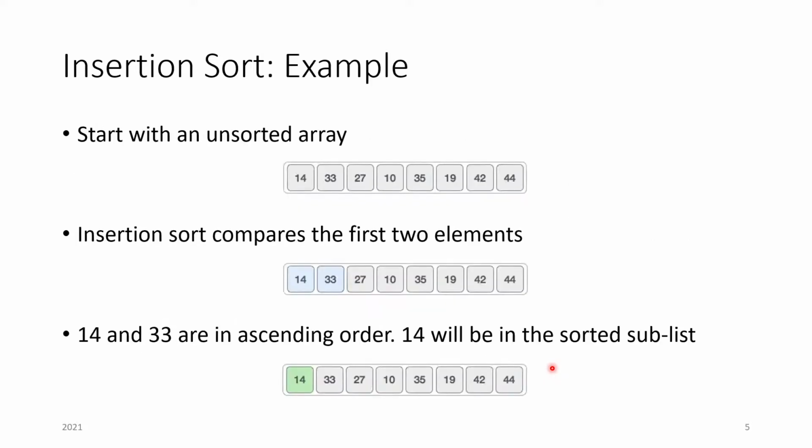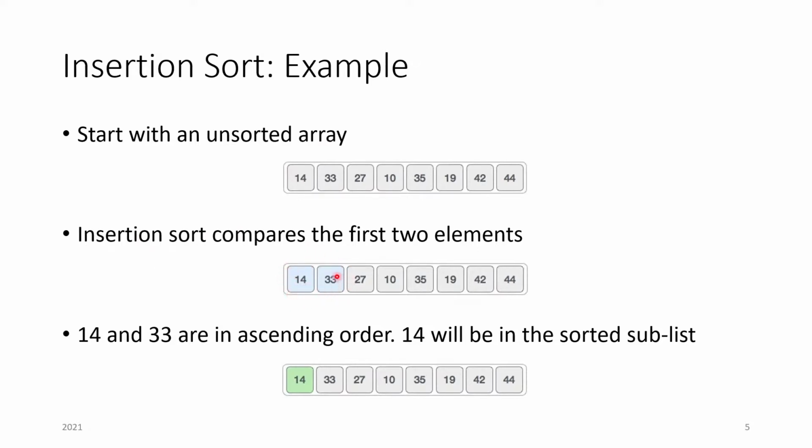In these examples, I'm going to give you a step-by-step illustration of how each sorting algorithm operates. So if we start with our unsorted array here, where we have 8 numerical values, the insertion sort will compare the first 2 values.